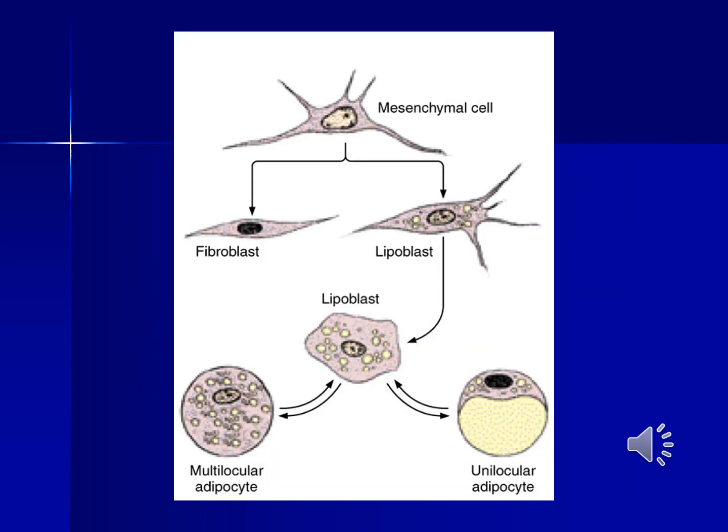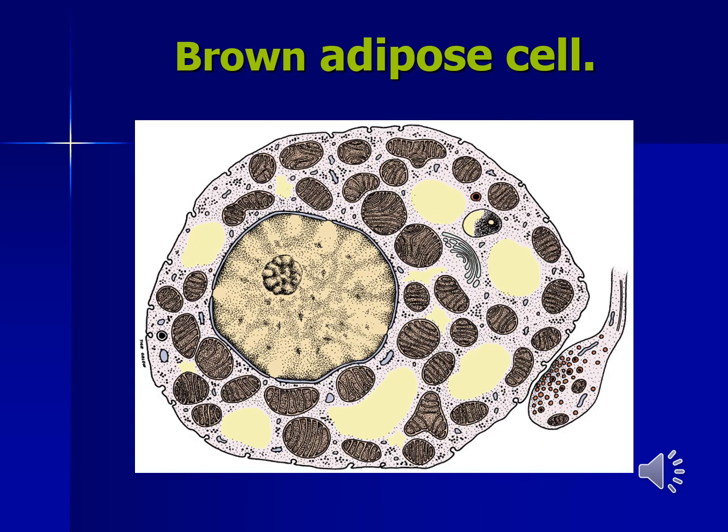On this scheme you can see the formation process of adipocytes, and the precursor of lipoblast and adipocyte is the mesenchymal cell. This is a scheme of a brown adipose cell, you can see the nucleus in the central part of the cell, many mitochondria present here, and you see white areas inside the cytoplasm. These are areas which include fats.